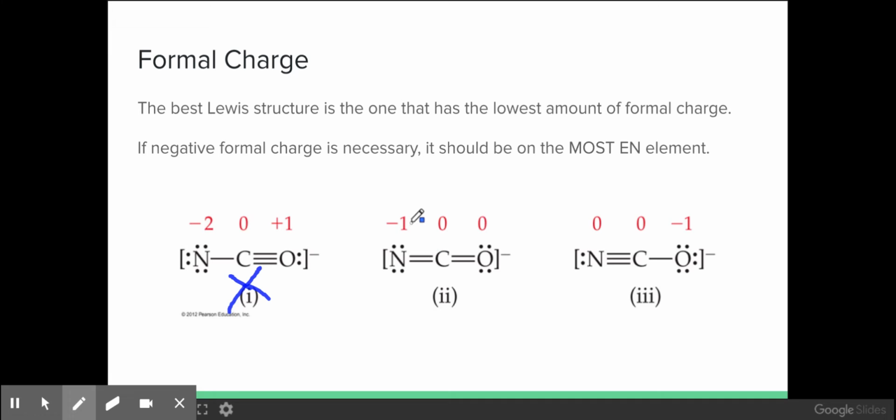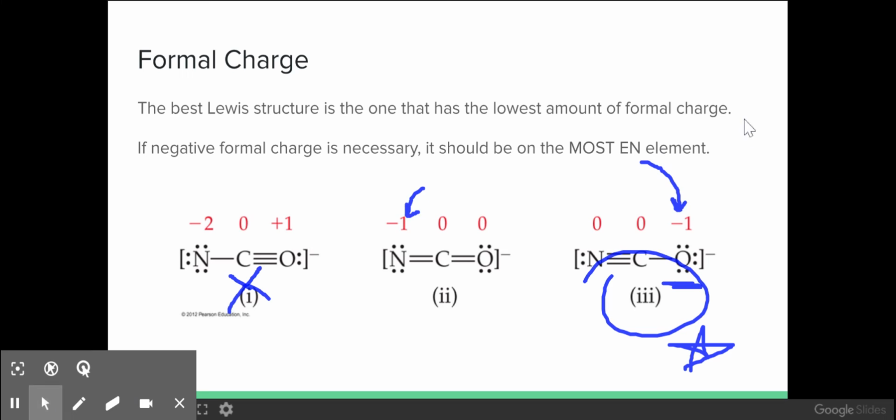Over here, I have a negative formal charge on my nitrogen. It's a little bit better, but ideally, that negative formal charge should be on my most electronegative element. So this third one is the best Lewis structure because inevitably it has to have some formal charge, and it's better to have that formal charge on the more electronegative element.